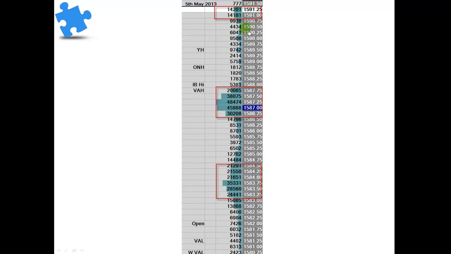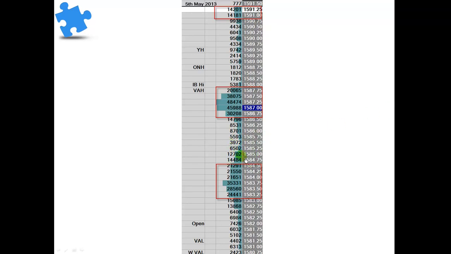So for those of you that understand volume profiles, you can wait for these areas to form. You can buy the bottom of a high volume area. You can scale some off at the top. And then you can hold for another push up. Alternatively, you can wait for the market to pop out and then come back and retest the top of that volume cluster.